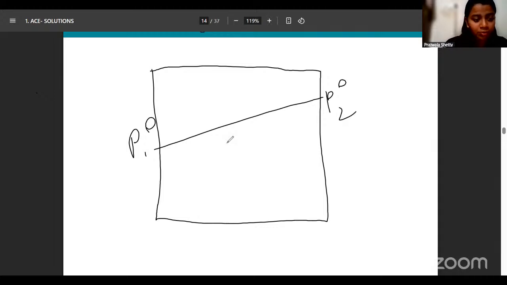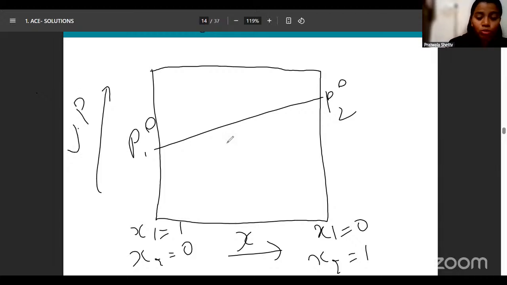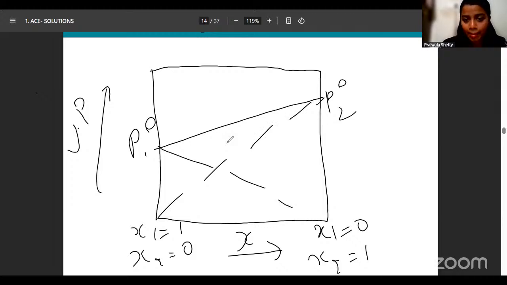Then you have X1, X2. Here it is mole fraction, and here it is vapor pressure, Raoult's law. You just see this.